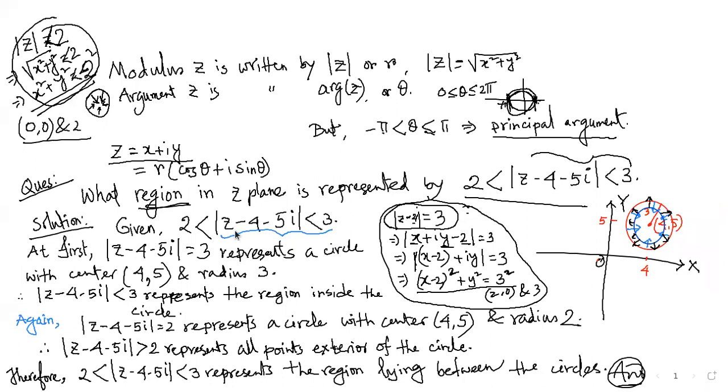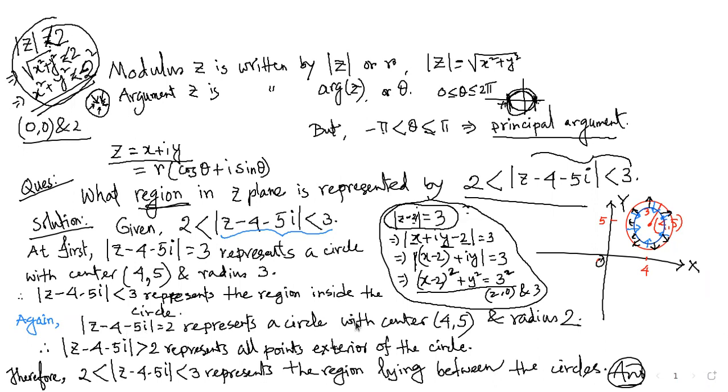Okay, again, what is the question you see? Which region is represented in the complex plane by these two equations? We split these two equations this way, equal to 3 and equal to 2. We know that this represents the circle. Center is 4, 5 and radius is 3. This is also center 4, 5, radius is 2.